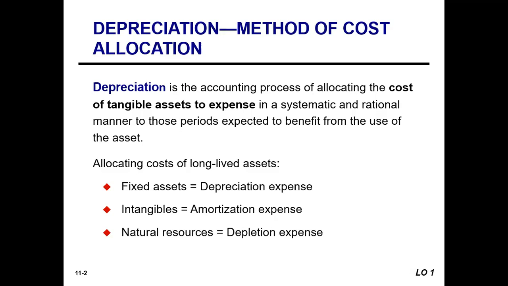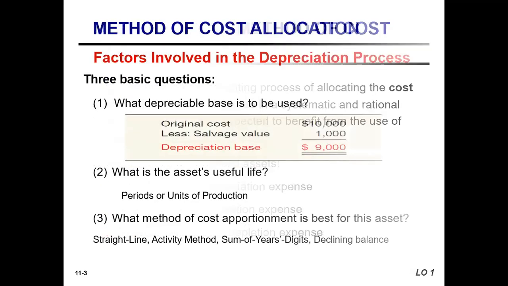If we're depreciating, amortizing, or depleting, we're dividing up the cost of the asset over its useful life. We just call it something different depending on the type of asset class. So again, property, plant, and equipment depreciate, intangible assets amortize, natural resources deplete, right?